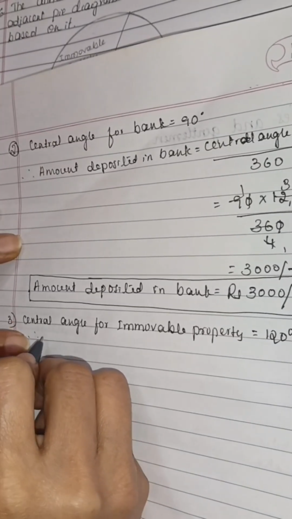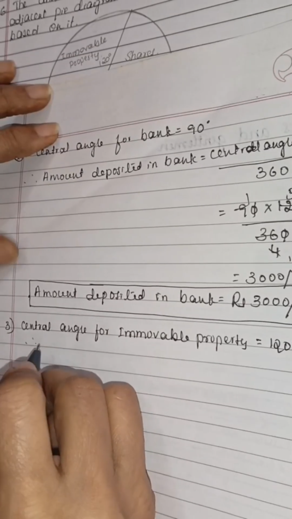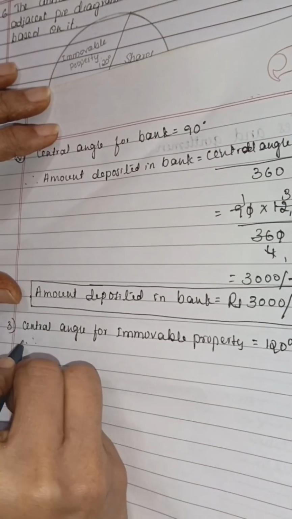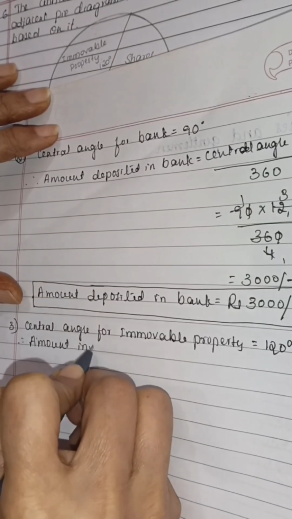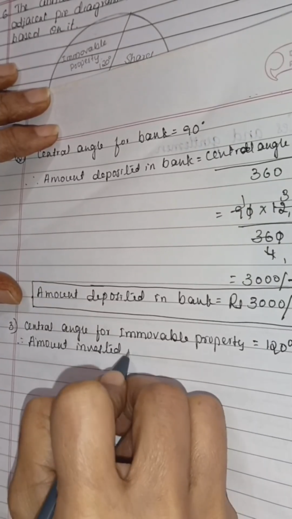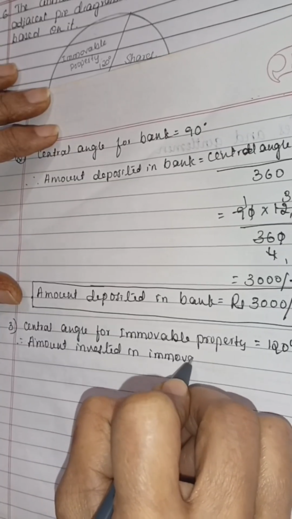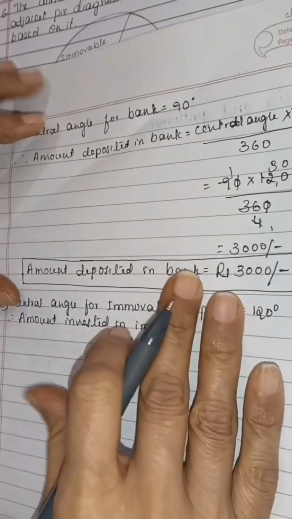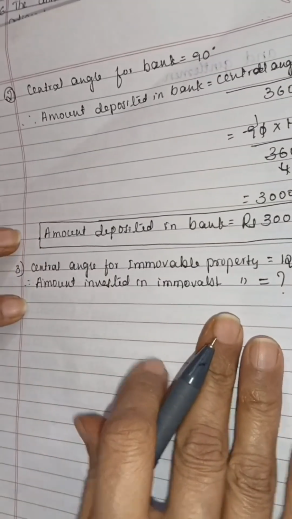We know the total amount, and we have to find the amount invested in immovable property first.